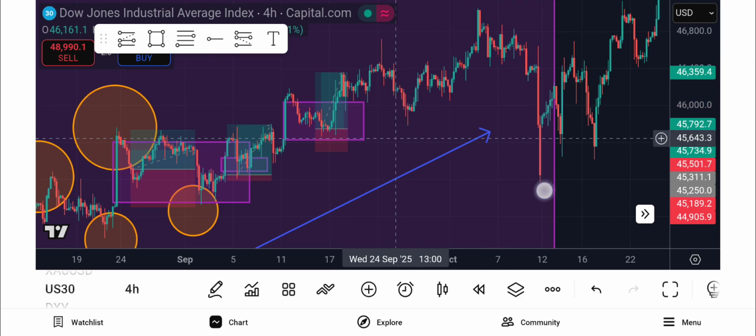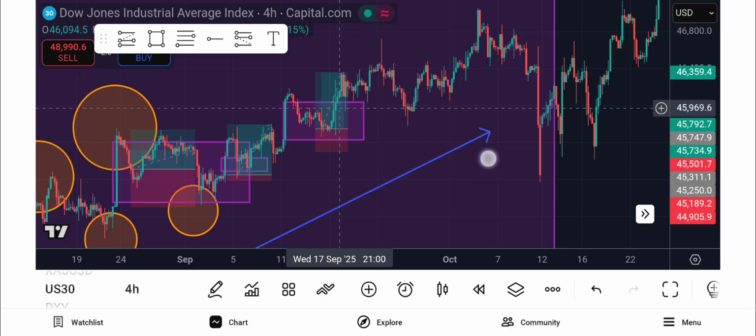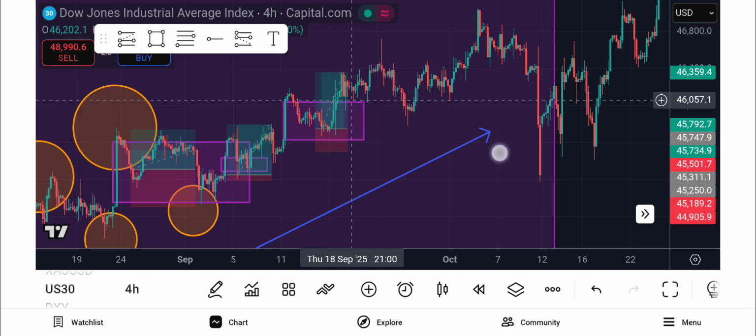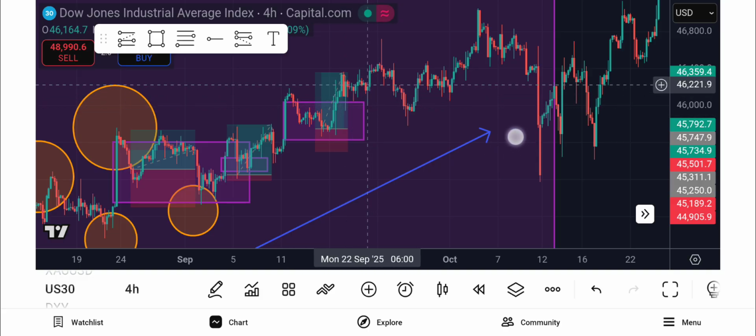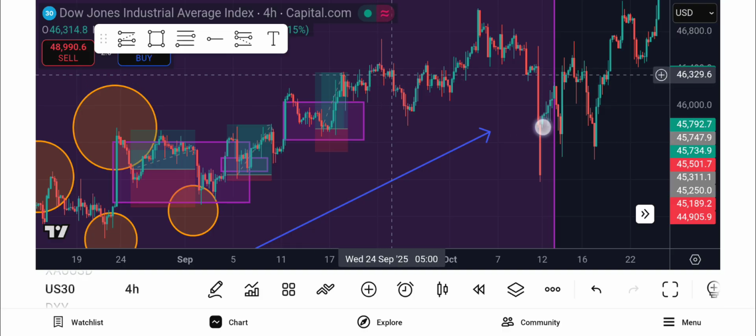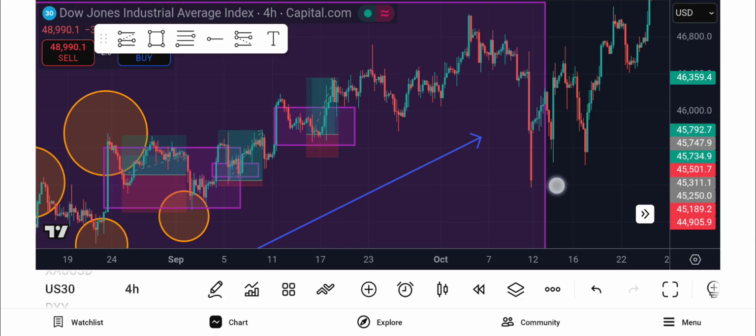We could do the same thing the next day. Just look for another fair value gap. As you can see, there's really no fair value gaps here for me to use. There's one here, but as you can see, it got invalidated and went back down. So you would probably have got taken out here.